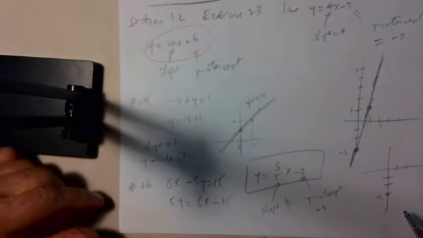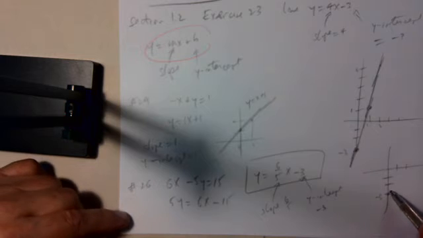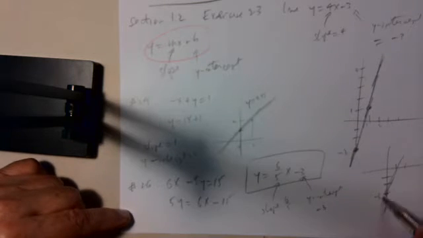So here's the y-intercept, and 6/5, a little bit more than 1. The line goes up something like this.